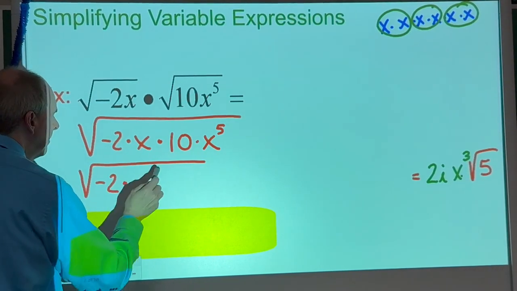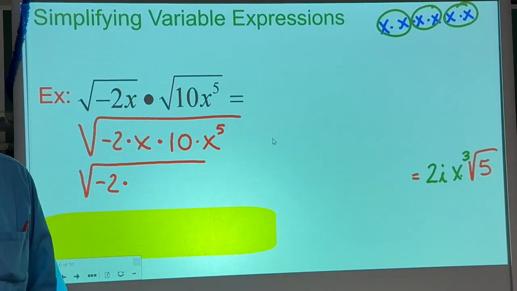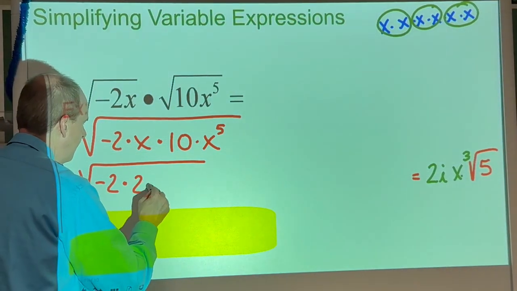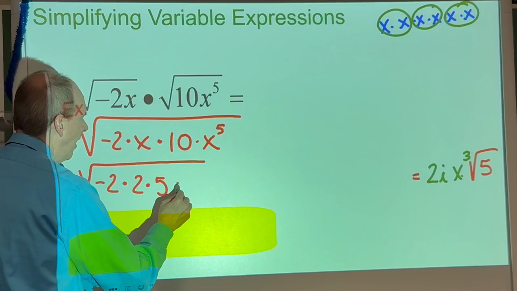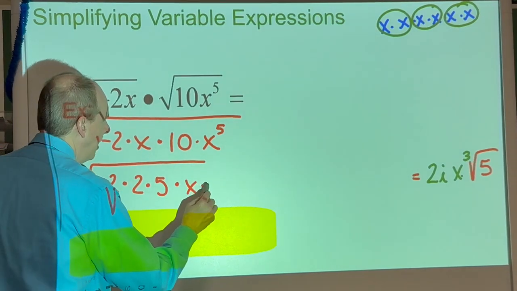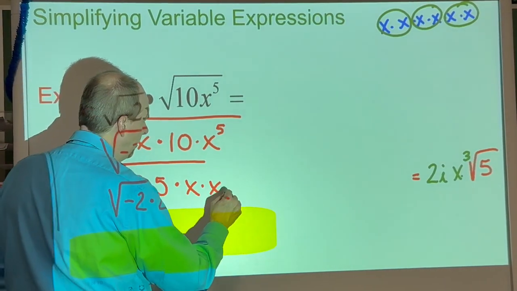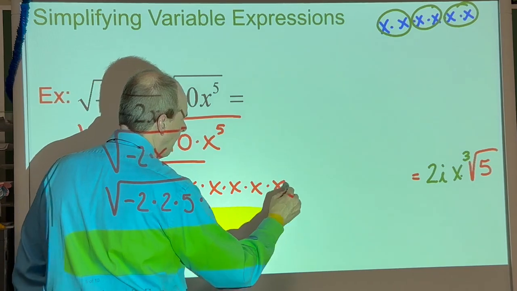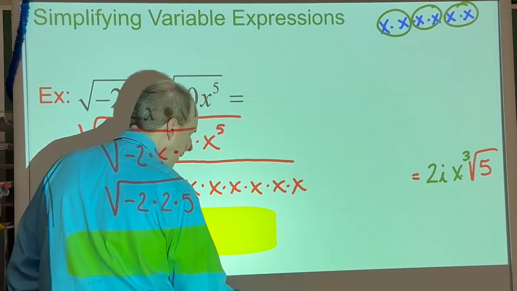Negative 2 times, well, what multiplies to 10? 2 and 5. Times x times x to the 5th. 1, 2, 3, 4, 5, for a total of 6 x's.